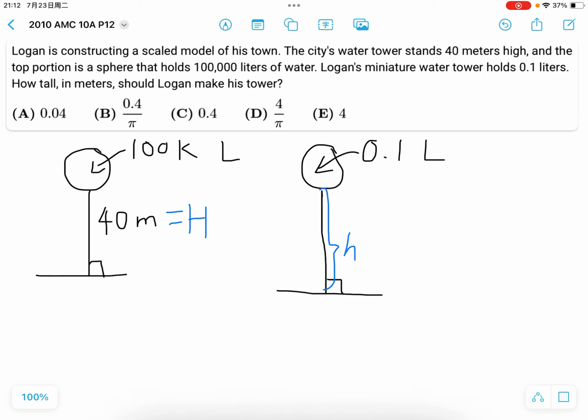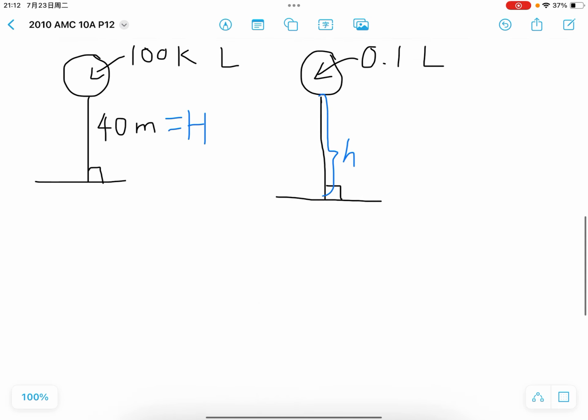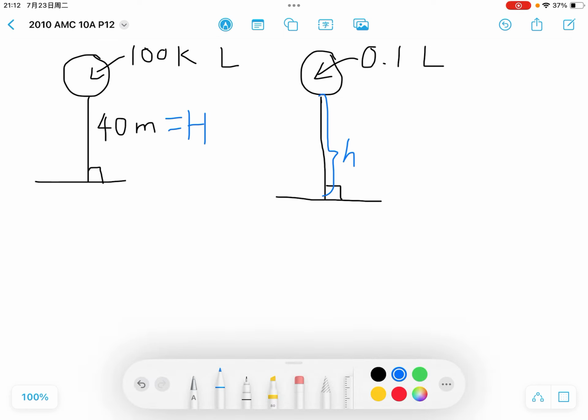Now we want to use the information we already have, which is that the volume of the actual sphere is 100K liters, and the volume of the model sphere is 0.1 liters, to figure out the scale. Firstly, we need the formula for the volume of a sphere. Its volume is 4/3 pi r cubed.